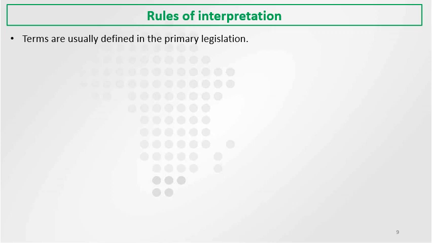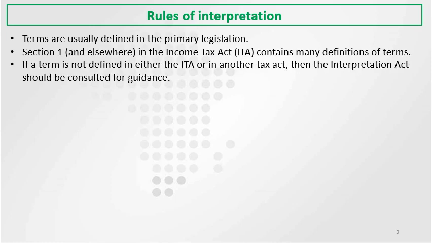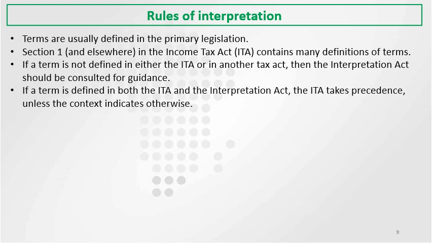Under rules of interpretation, we need to take note that certain specific terms are usually defined in the primary legislation, in the primary act. For instance, in the Income Tax Act, in Section 1, there are a large number of definitions of terms. However, if a term is not defined in either the Income Tax Act or in another tax act, then the Interpretation Act should be consulted for guidance.